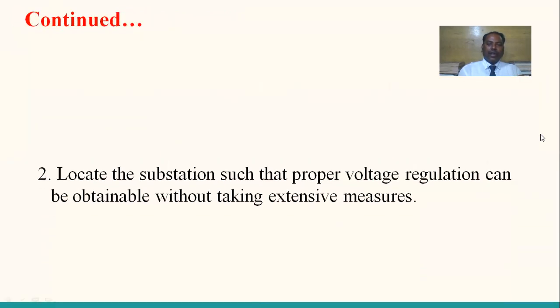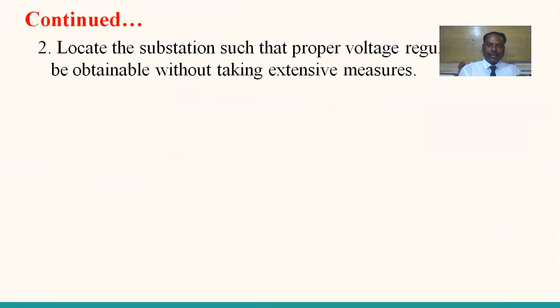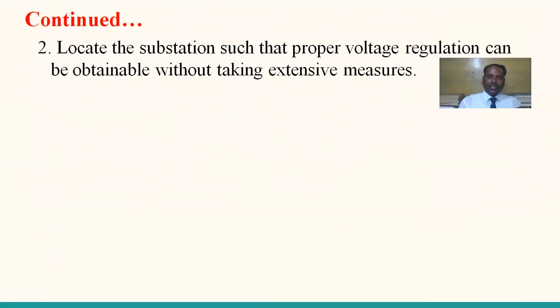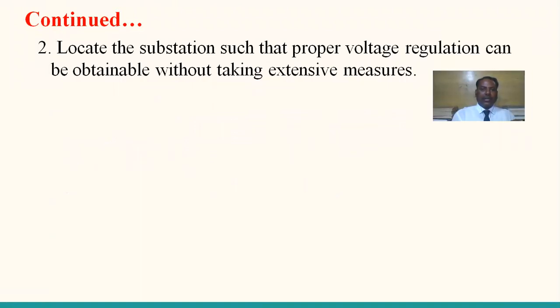And the next point: locate the substation such that proper voltage regulation can be obtained without taking extensive measures. Extensive measures in the sense, once the system is having a loss, to minimize this loss, what can you do?